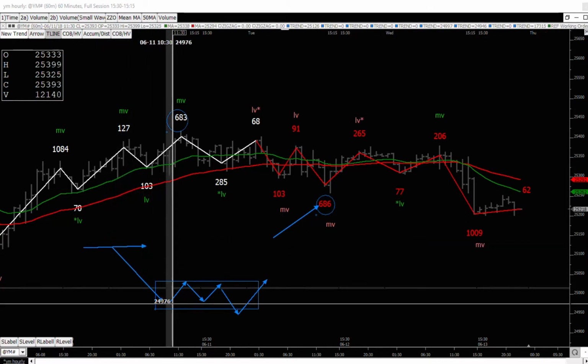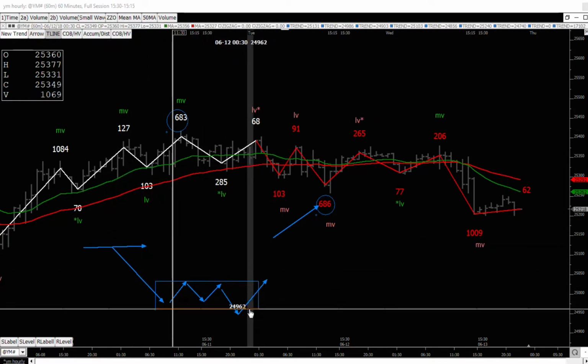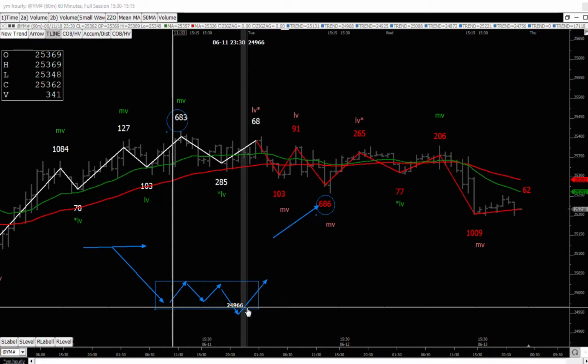Because this is the rally, it's not the consolidation. Consolidation, they get right above here, no problem. They do it all the time. Happened today on the 5-minute chart before the move down.